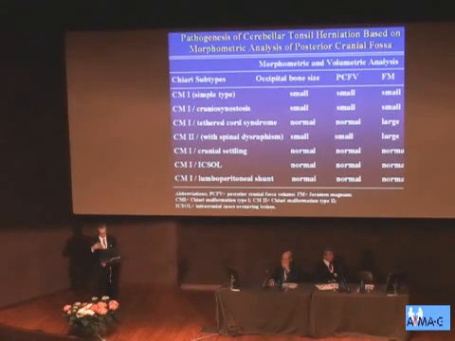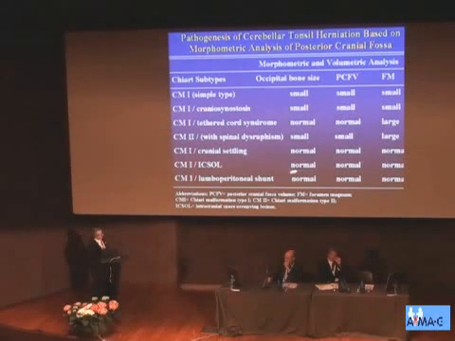We had a vein of Galen malformation, a big AVM of the cerebellum, one subdural, supratentorial, and so forth. The Chiari-1 was associated with no abnormalities of occipital bone size, posterior cranial fossa volume, or foramen magnum diameter. And the same was true with lumboperitoneal shunt. Everything was normal.